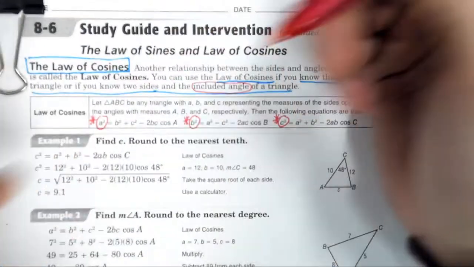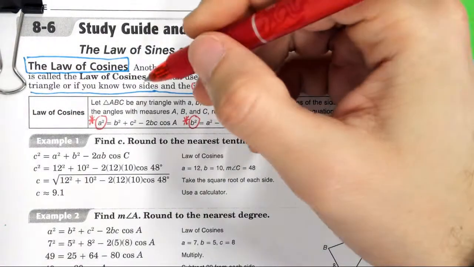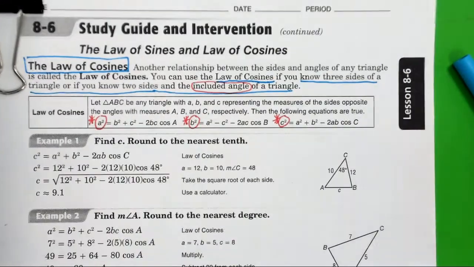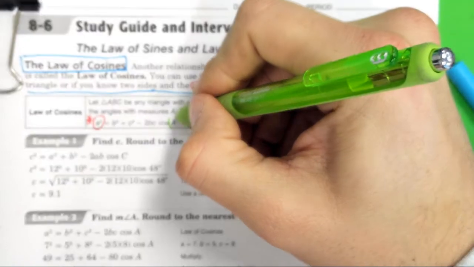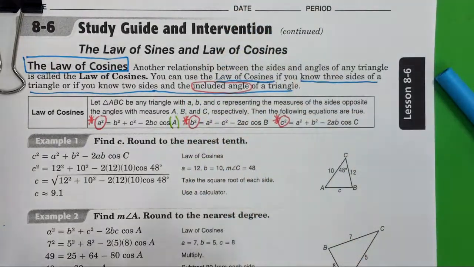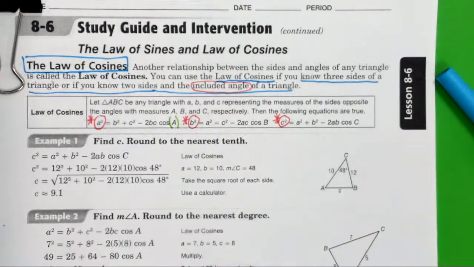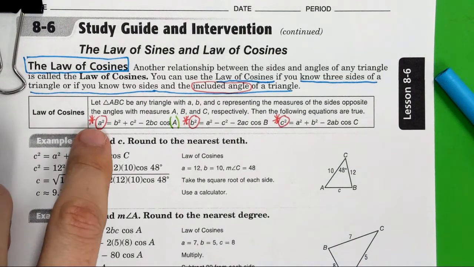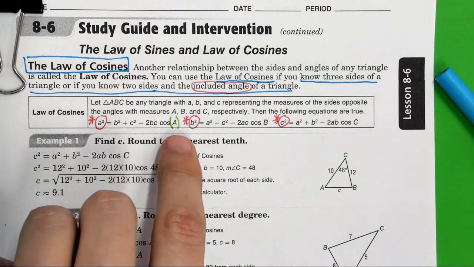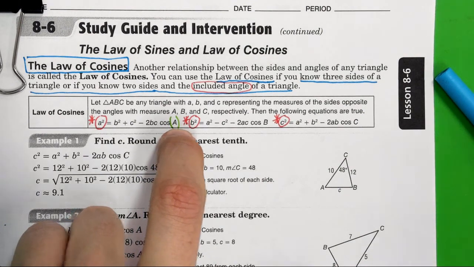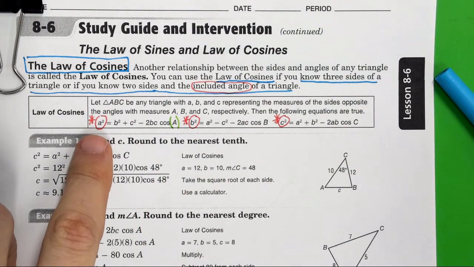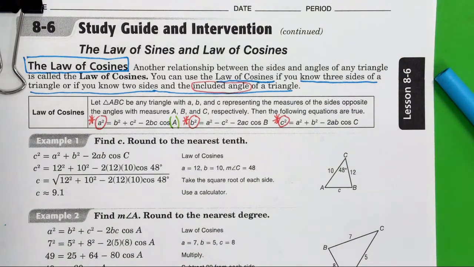So lowercase a is the side length opposite of this angle right here. Notice it's capital. Lowercase a is the side, uppercase A is the angle measurement that's opposite of the lowercase a side length.